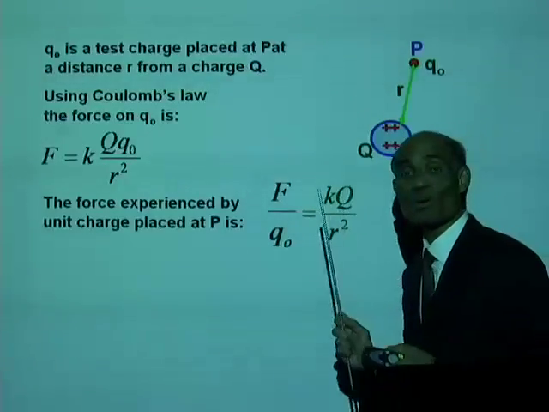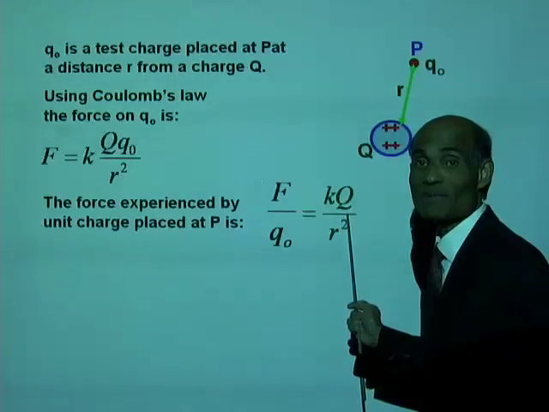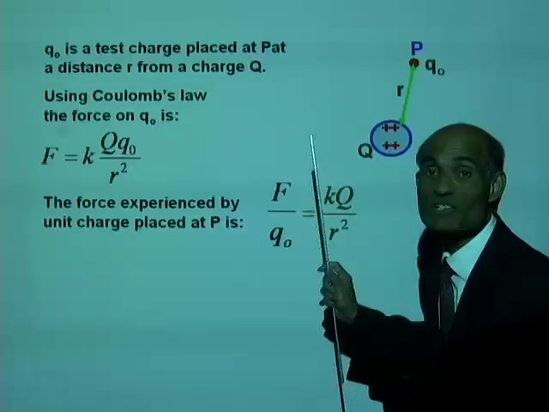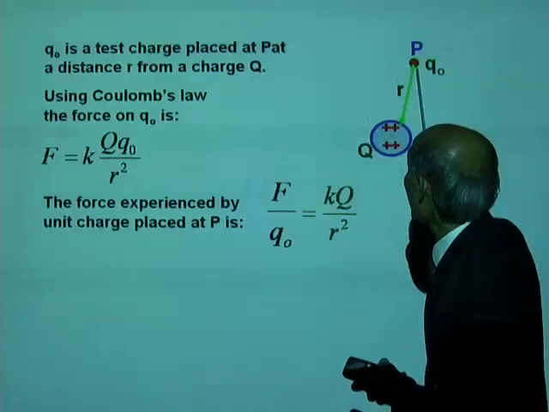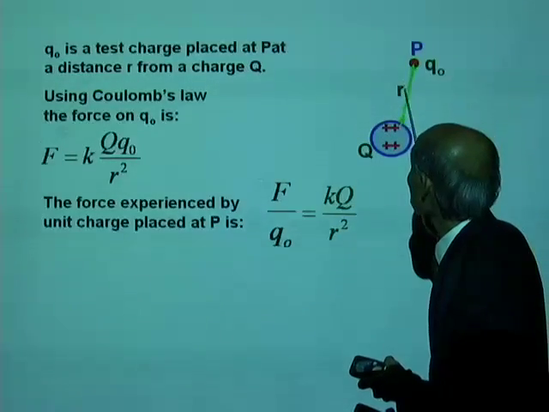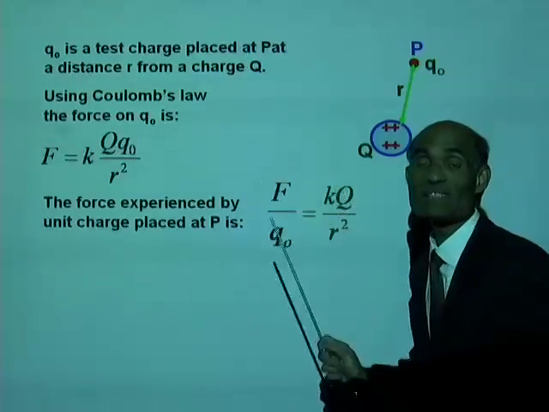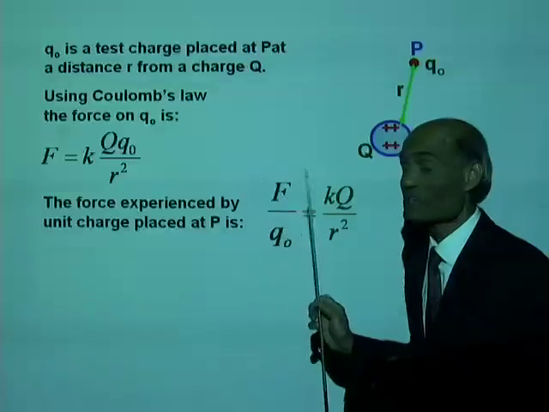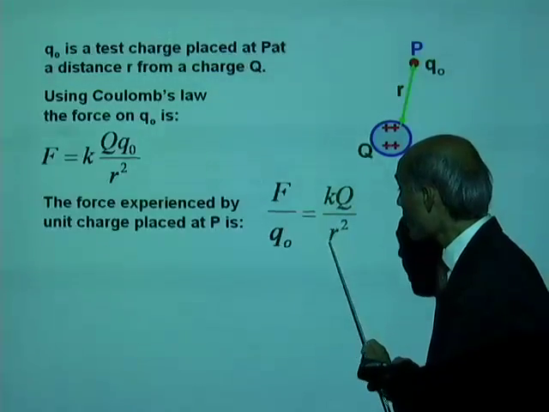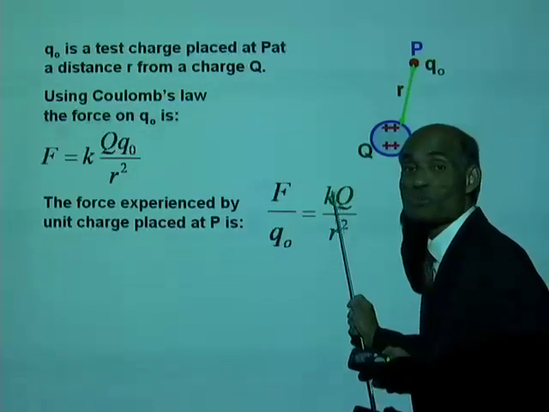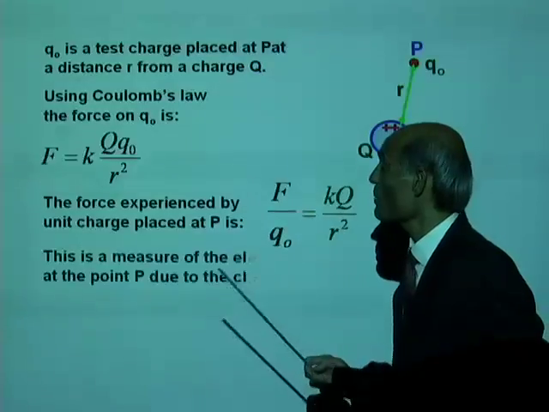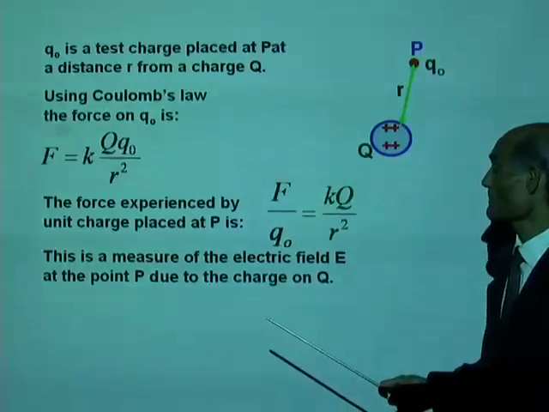This is a very important quantity. What does that represent? It represents the intensity of the electric field at a point distance r from a charge Q. Intensity of electric field at a point distance r from a charge Q is KQ over R squared.